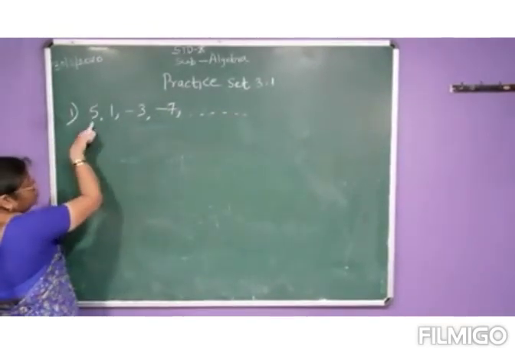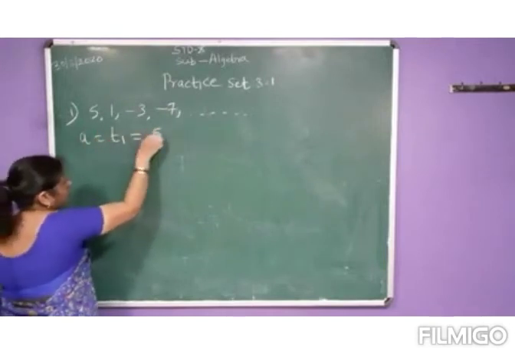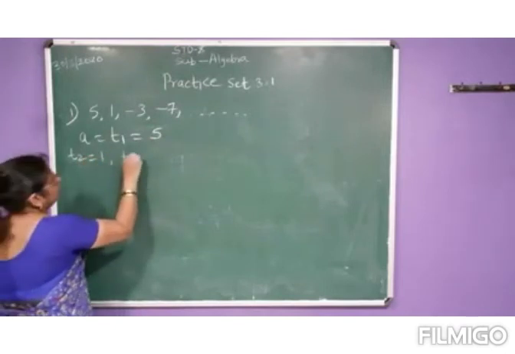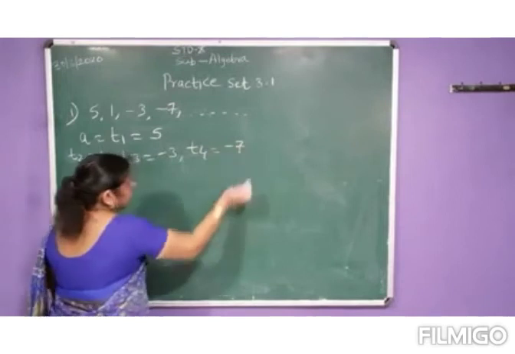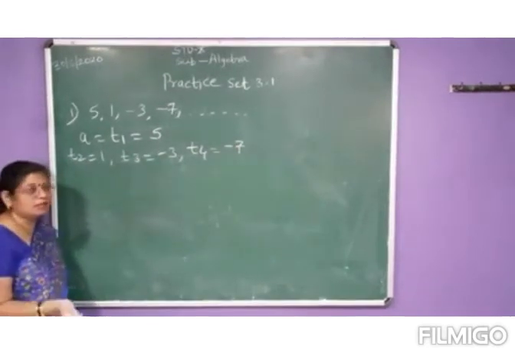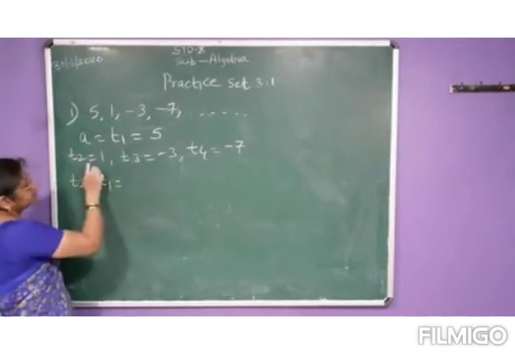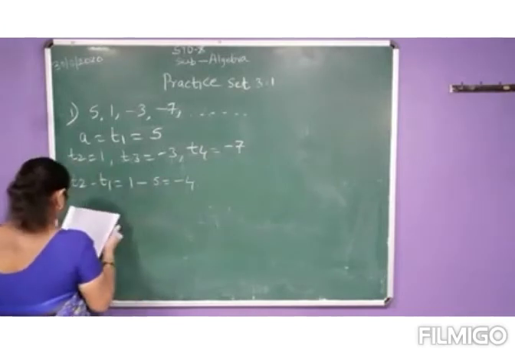Now here, what is the first term? T1 is 5. Here T2 is 1, T3 is minus 3, T4 is minus 7. Now what you have to find out is the common difference. So T2 minus T1, 1 minus 5, so minus 4.